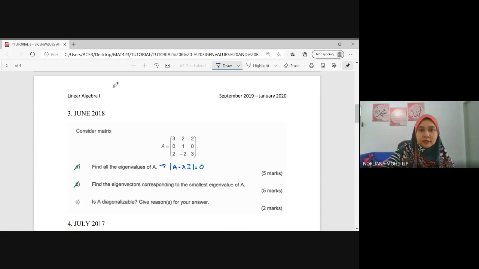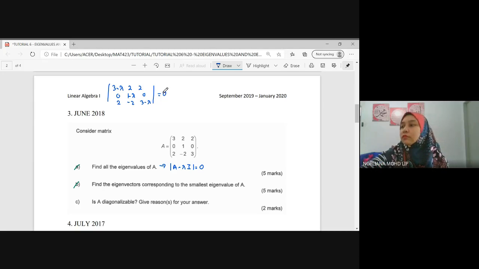Okay, baca lah 3 minus lambda 2, 0 minus lambda 0 2, to 0. So we choose the second row, because it can consist to 0 kan.